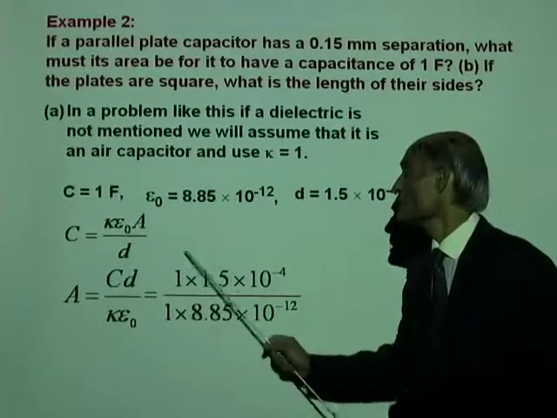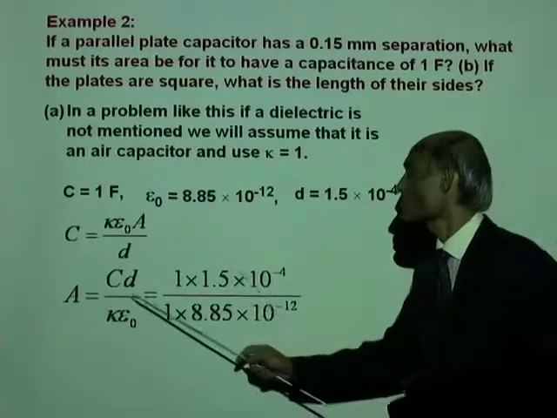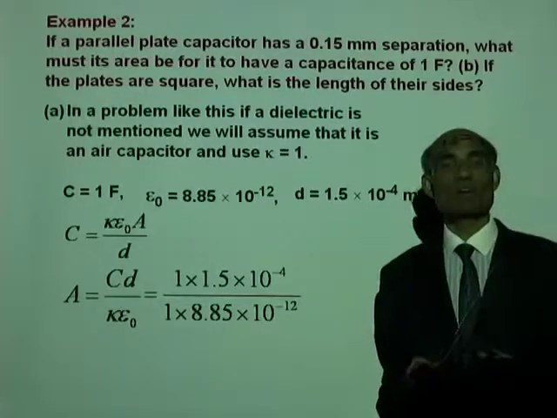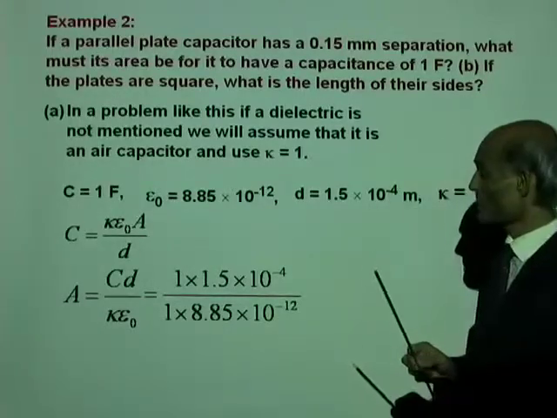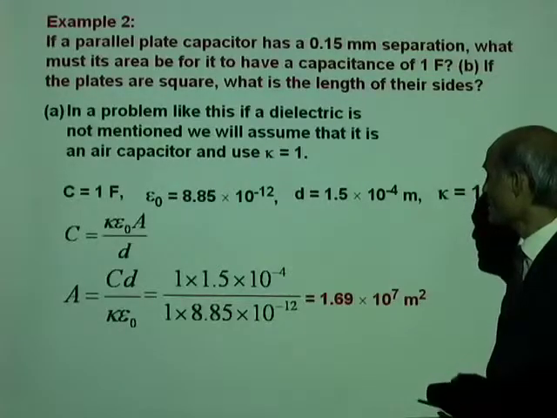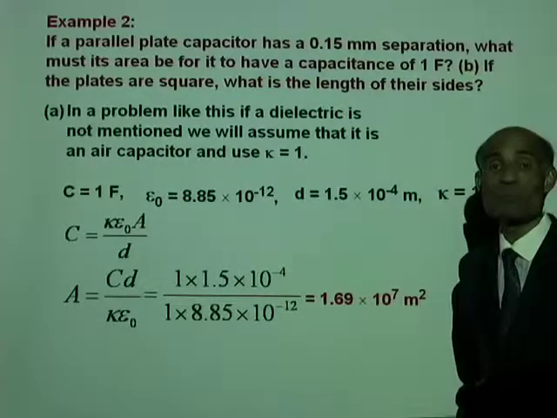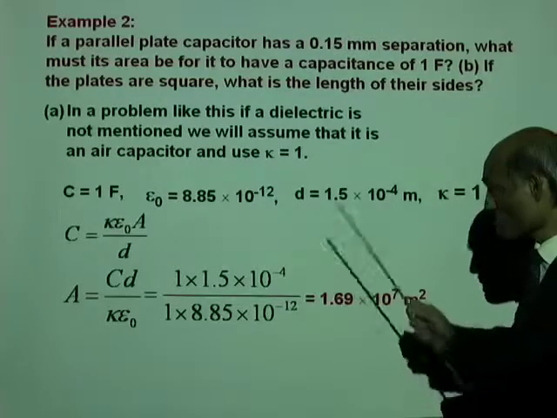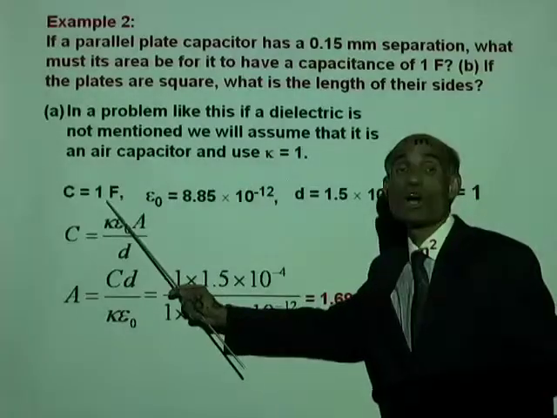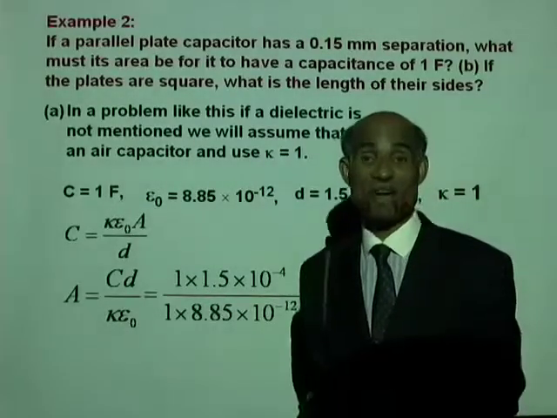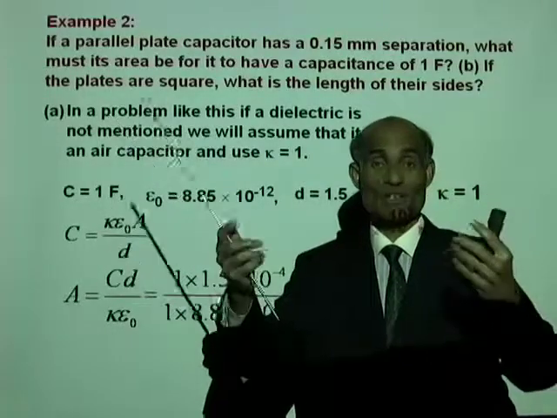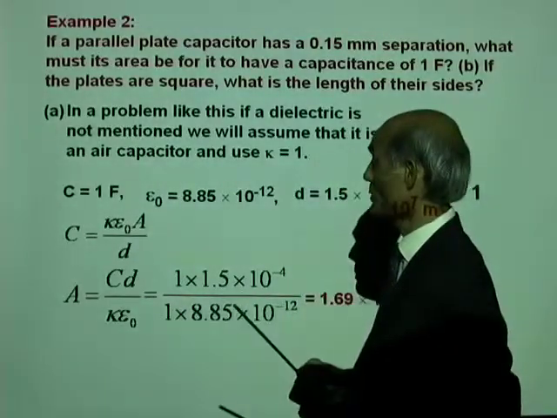C is 1, D is 1.5 times 10 to the negative 4, kappa is 1, and epsilon naught is 8.85 times 10 to the negative 12, and that area is 1.69 times 10 to the 7 meter squared. It's a tremendous amount of area needed to build a capacitor of capacitance 1 farad in order to make so much a storage facility for a large amount of charge.